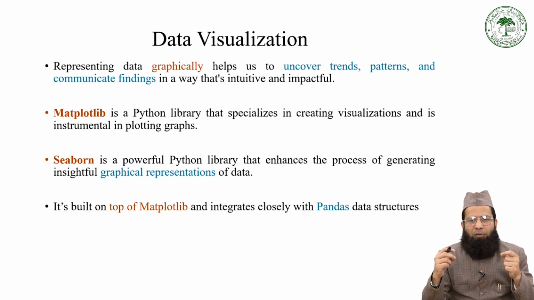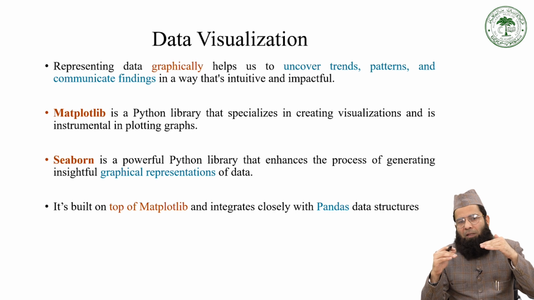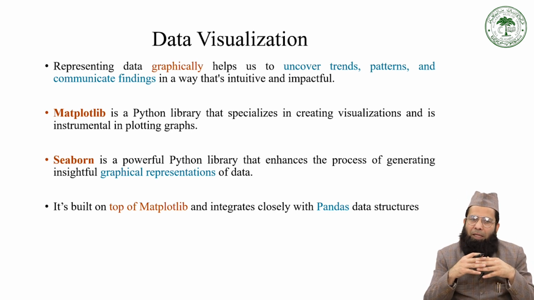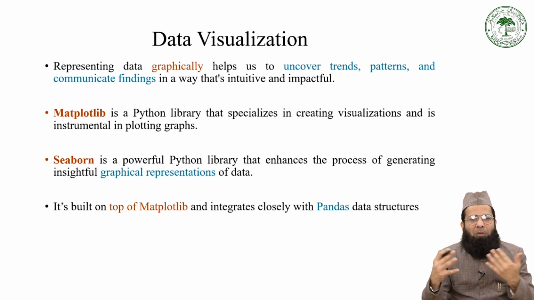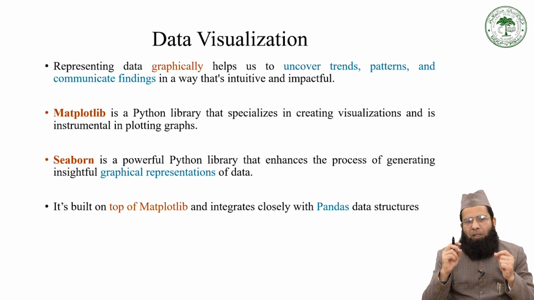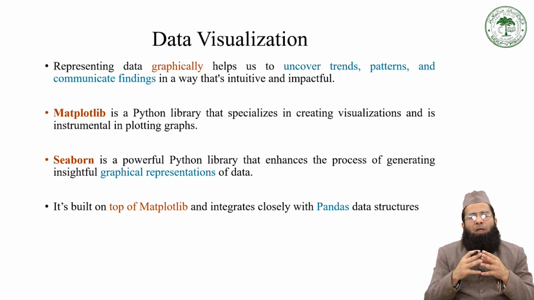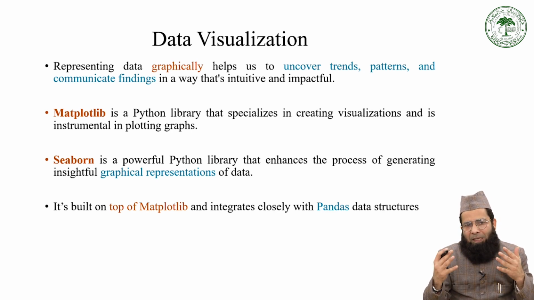Seaborn distinguishes itself through its ability to apply aesthetically pleasing themes to Matplotlib charts. It gives more aesthetics to Matplotlib charts and plots. Most of the plots we will draw using Seaborn, because it is aesthetically better than Matplotlib.